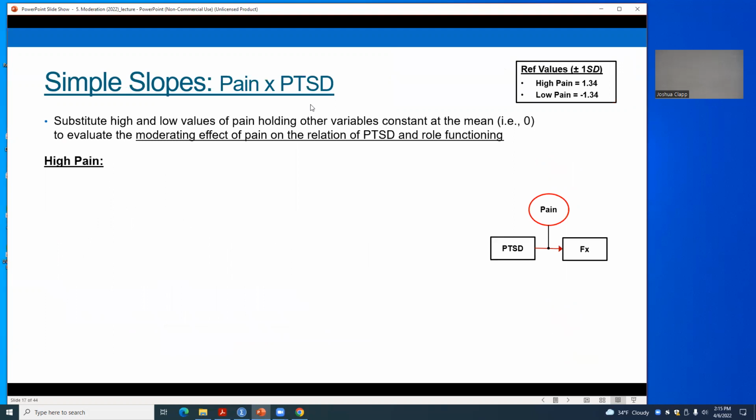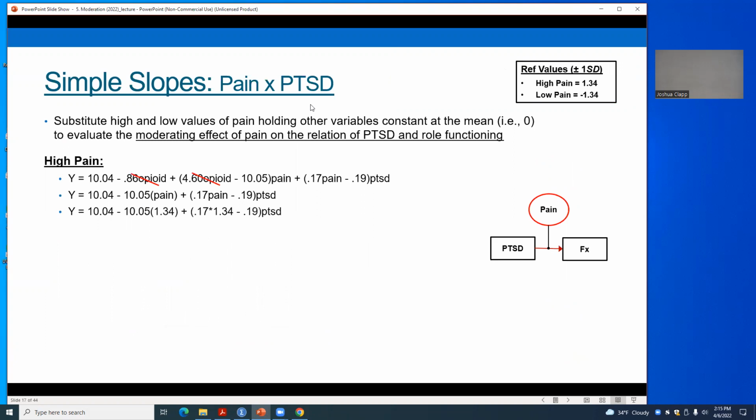So if we're looking at high and low levels of pain, at high levels of pain, we take our restructured equation and cross out anything we're holding constant at 0. Opiate use isn't relevant, so we're dropping a 0 in there. That goes away. Here we're looking at high pain, so we plug in values for high pain, run that out, and it gives us our simple slope for the unique effect of PTSD on role functioning at high levels of pain, okay?